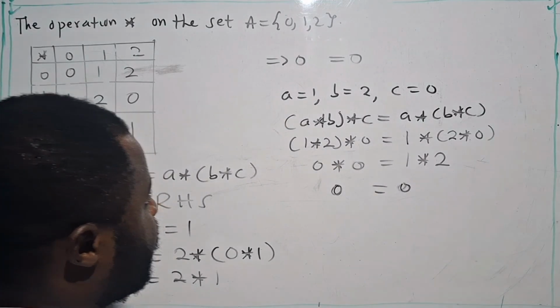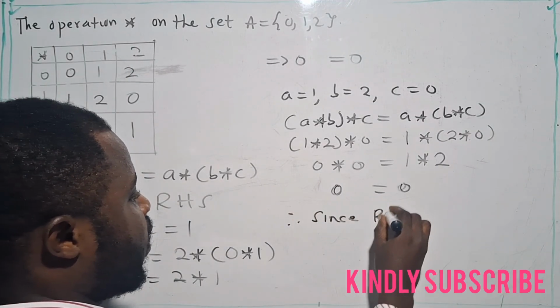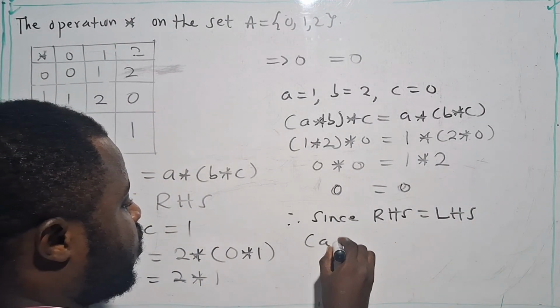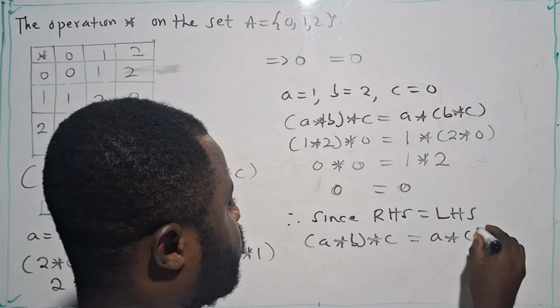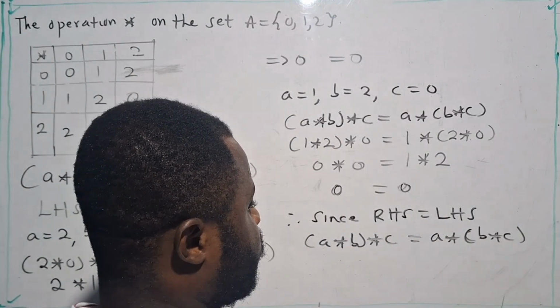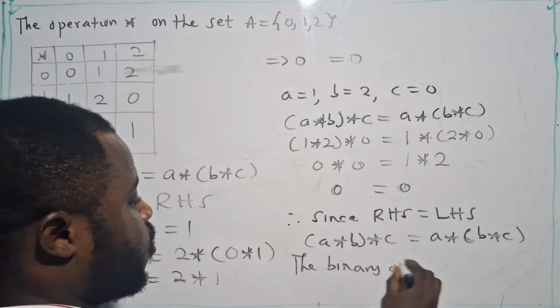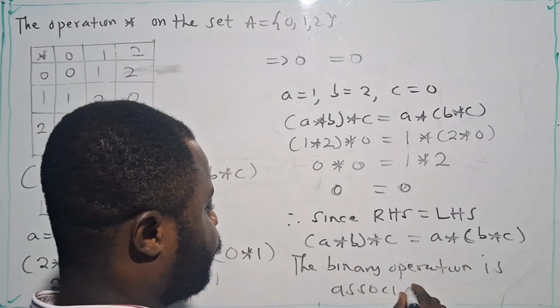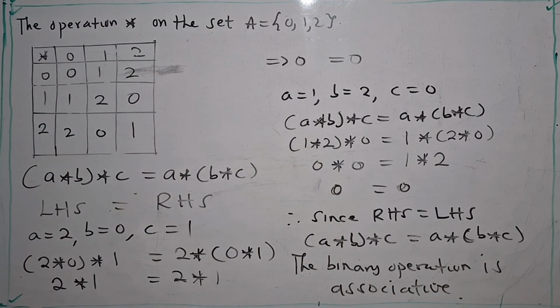So since the right hand side is equal to the left hand side, which is A operation B operation C, is the same as A operation B operation C, you conclude by saying the binary operation is associative.